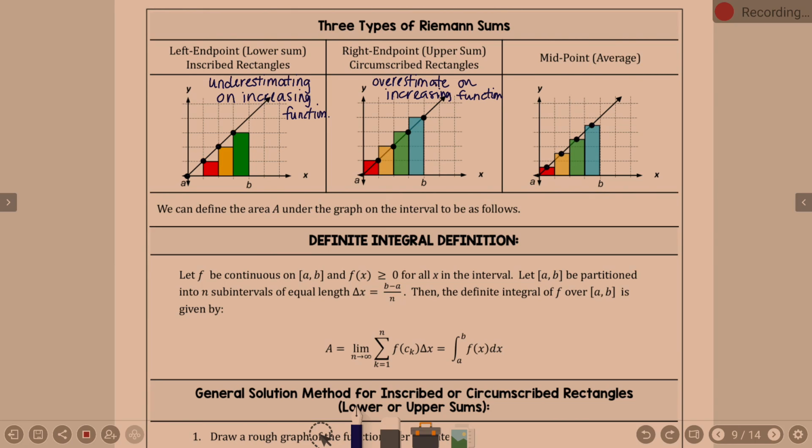When you use the midpoints, you're finding more of the average. You don't necessarily think of it as an over or under estimate. We think of it as a more precise estimate. It's not necessarily exact yet, but it's more precise. So this one ends up being an average of your upper and lower sums.